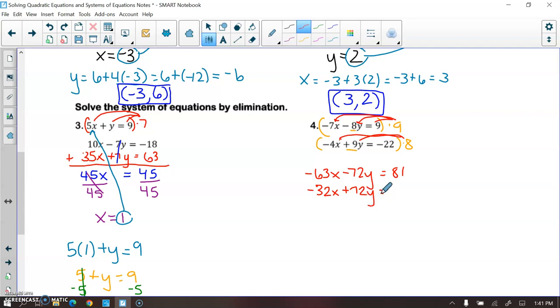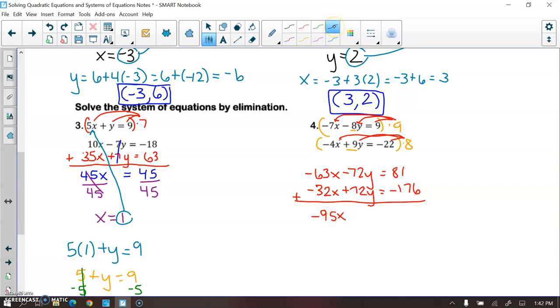And 8 times negative 22 is negative 176. Now adding these two equations together, negative 63x plus negative 32x gives me negative 95x.